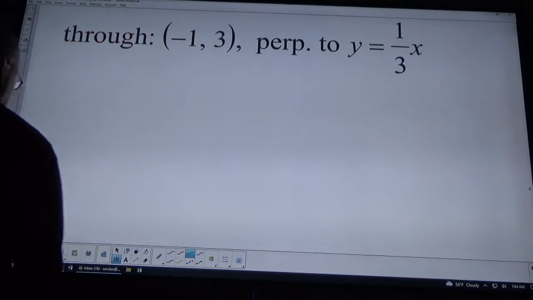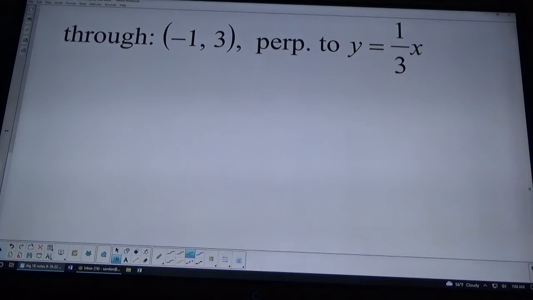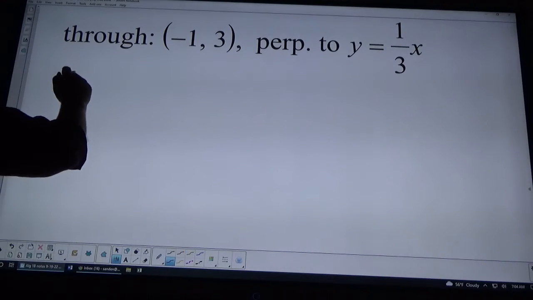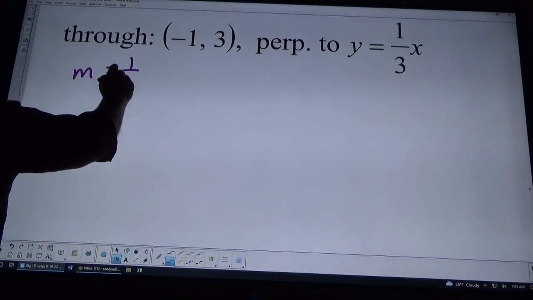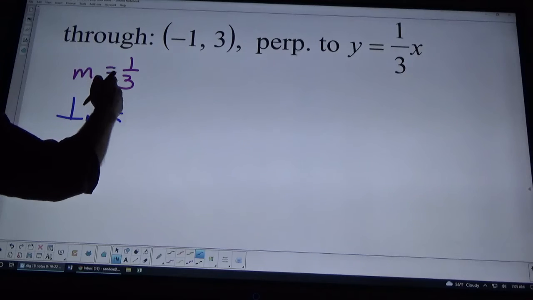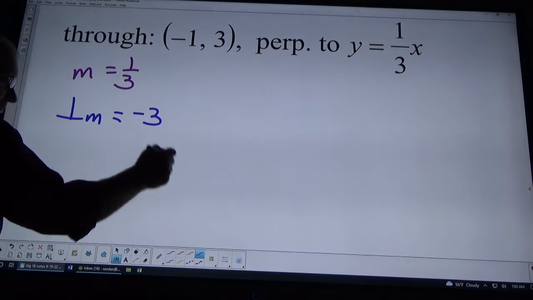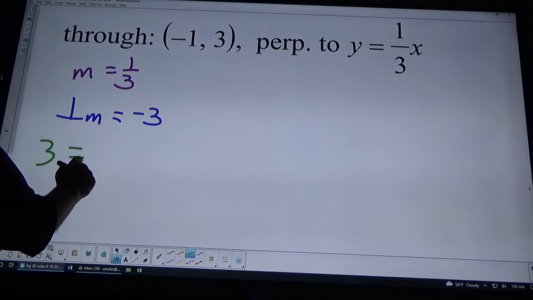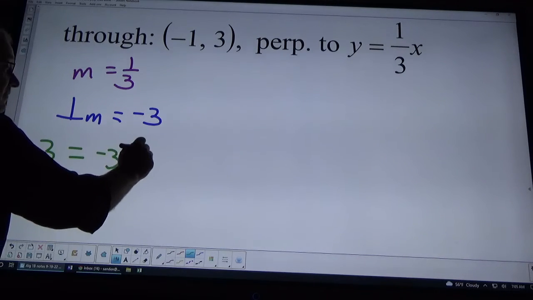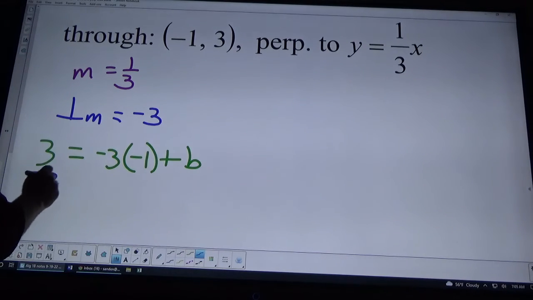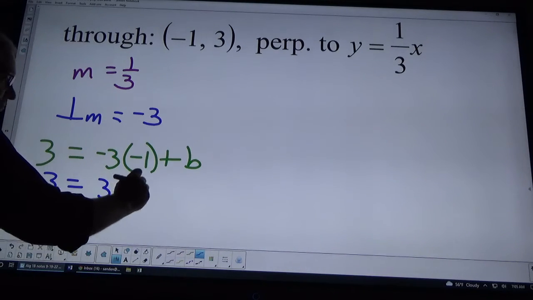All right, let's keep going. Let's try this one. This one will be much nicer. Slope, 1/3. Perpendicular slope, reciprocal, opposite sign, negative 3. 3 equals negative 3 times negative 1 plus b. 3 equals 3 plus b.